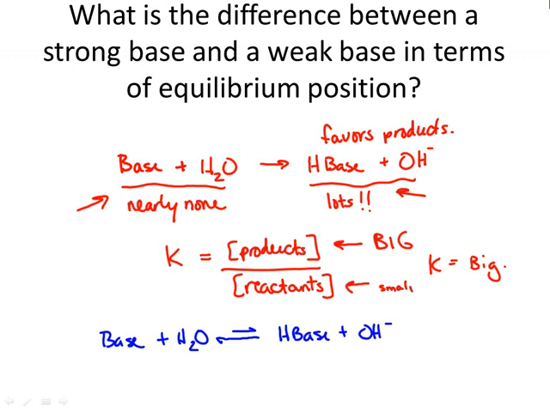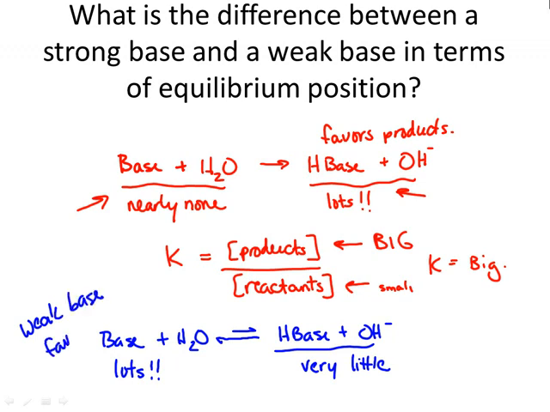So that means I have lots of reactants, but not very much product, very little over here. And so equilibrium position would favor reactants for a weak base. Favors reactants. That was different than the strong base, which favored the product side.